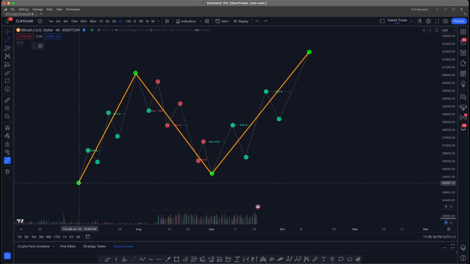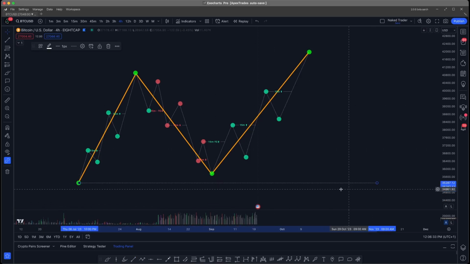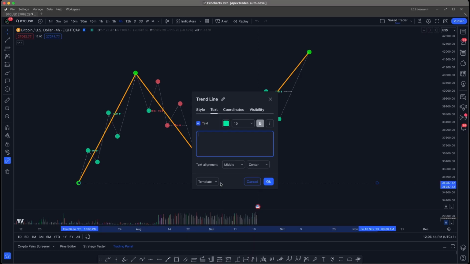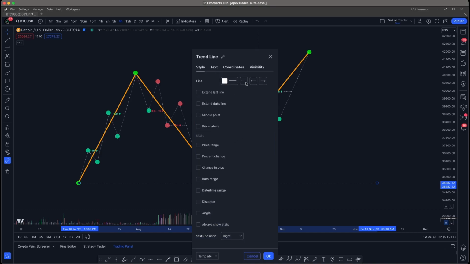Then of course we have the main structure, which is the low, which hopefully, if you understand from the previous video, you would know that that is a strong low, right?